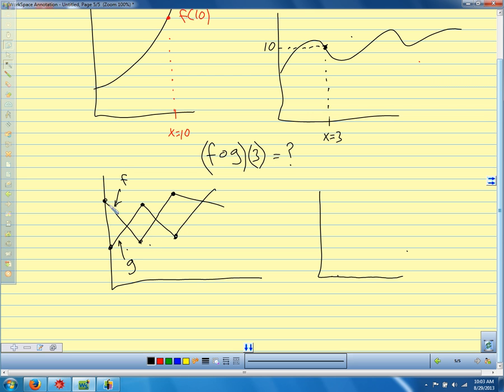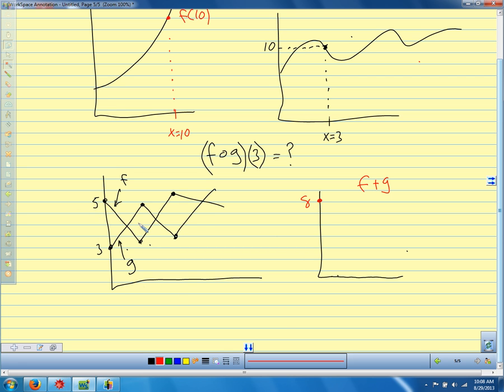So I just find the value of f plus g at the endpoint. I find the y value here and the y value here and add them together. So whatever, say this is 3 and this is 5, f plus g at 0 would be 8 for these two points.